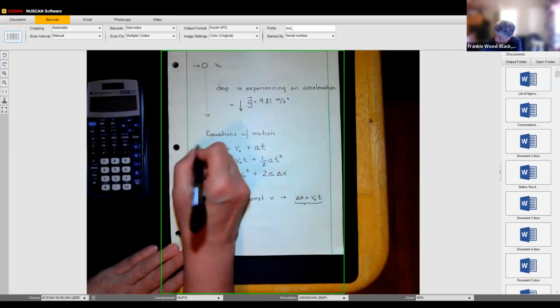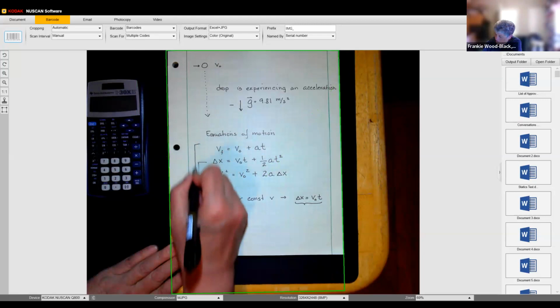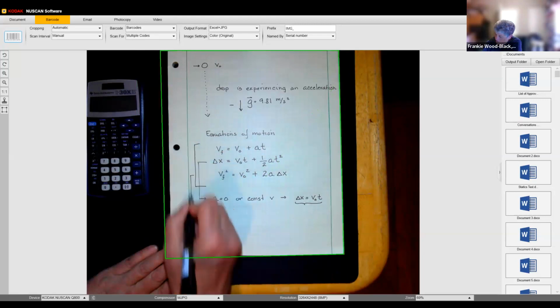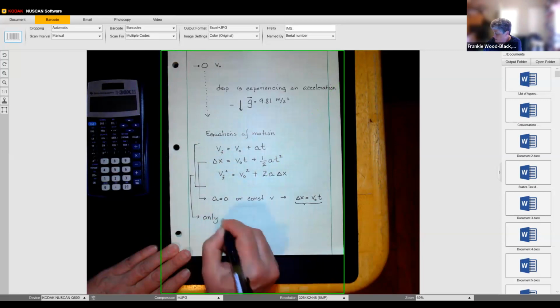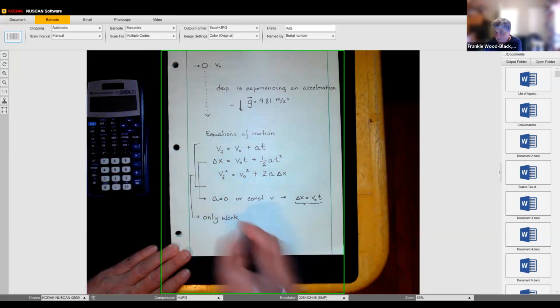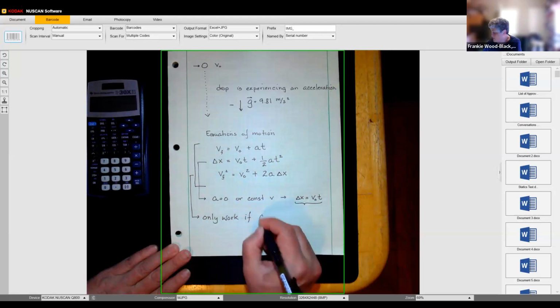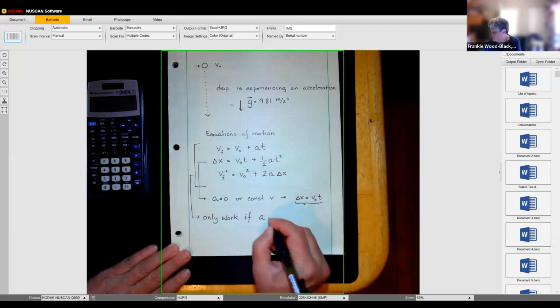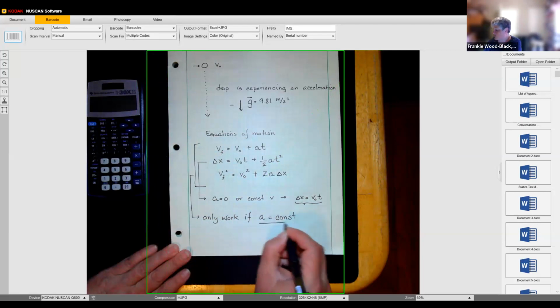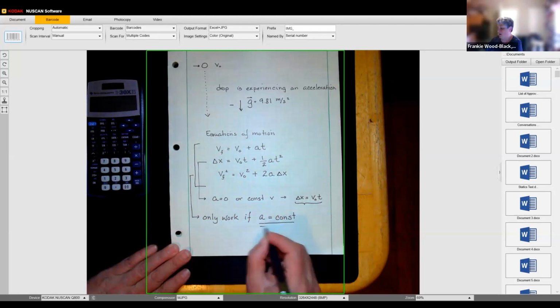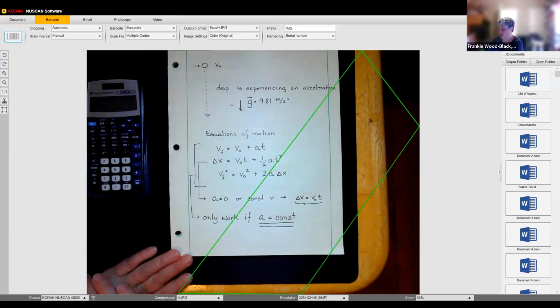These only work if acceleration is equal to a constant. So these are a special case, and acceleration is equal to a constant.